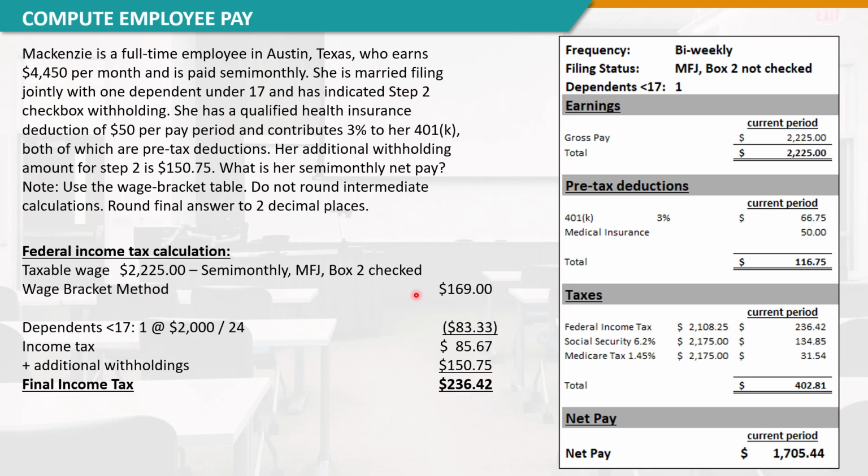But we're not finished yet. Mackenzie also has one dependent under 17, which she's entitled to a reduction on her income of $2,000. We need to divide the $2,000 by 24 to get the amount per paycheck, which is $83.33 for a tax amount of $85.67, plus the additional withholdings of $150.75 for a total of $236.42 for the federal tax withholdings.